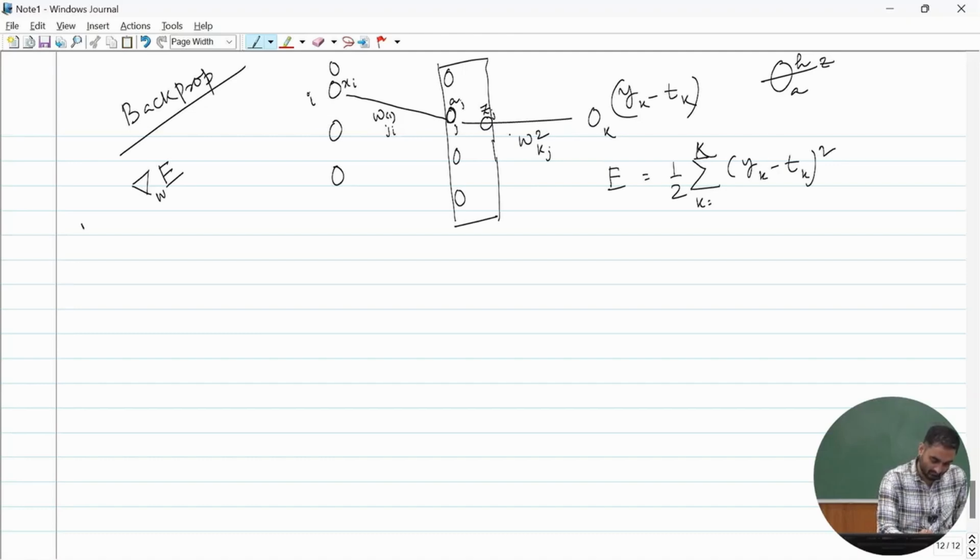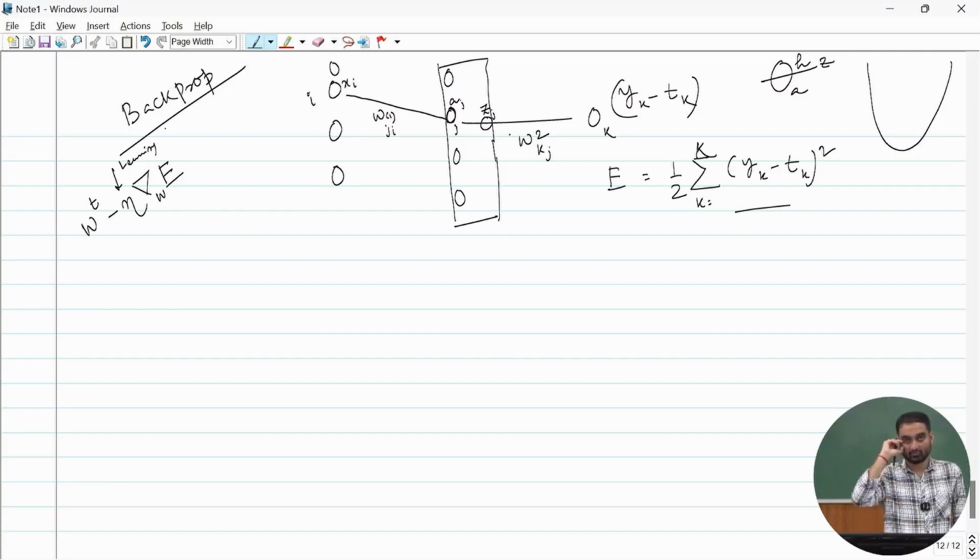Let's say this is a convex function, so the weight will be updated. This is the learning rate, a standard machine learning concept, stochastic gradient descent, and this will be my updated weight. Okay, so let's first focus on this weight update.